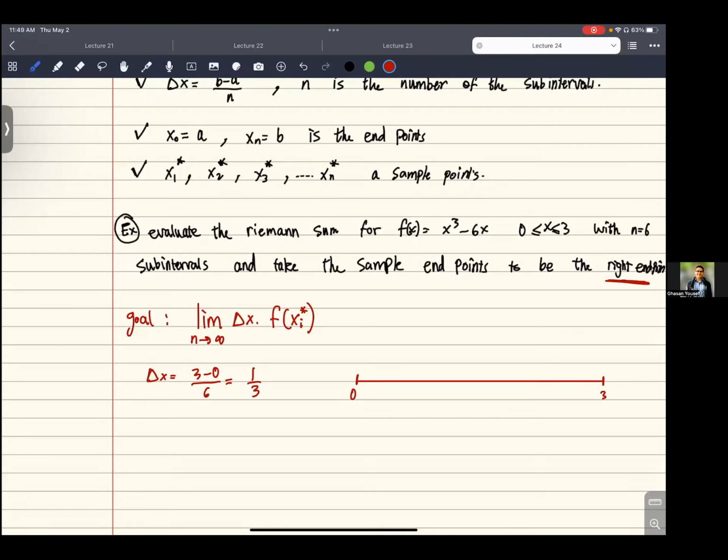And we have to find six subintervals, which means we have to divide this line into 6 intervals. Here is 0, here is 3, this is the midpoint.